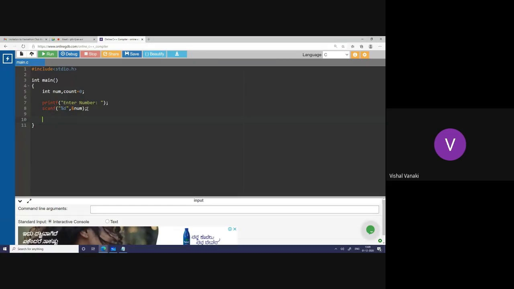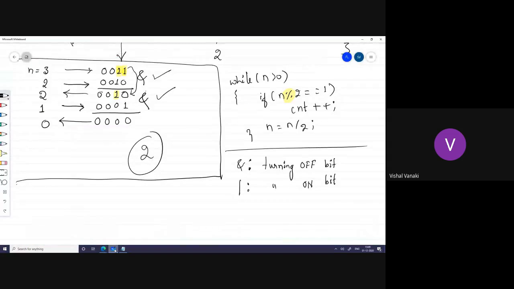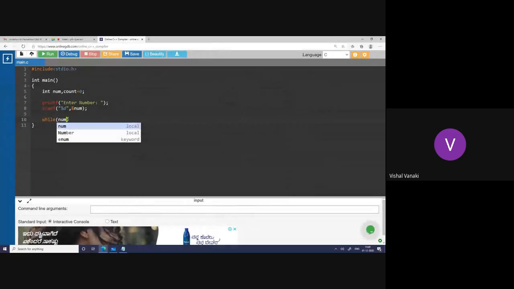Now, once I get a number, my next thing is while number is, what is my condition? Till where should I keep on performing this operation? Till the number becomes 0. I should keep on repeating this process.